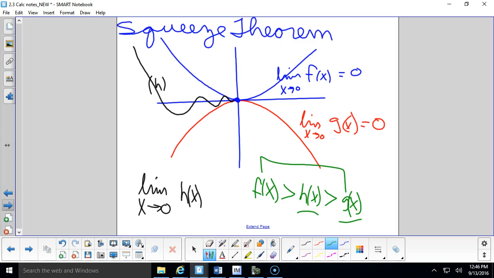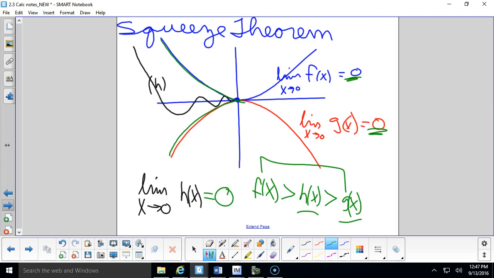It also has to approach the same value. If I'm always between these two guys and they're coming in closer to zero, I've got to be getting closer to zero too. That's the phrase squeeze. It's getting squeezed in between these two. And so whatever they are approaching is what you're approaching also.